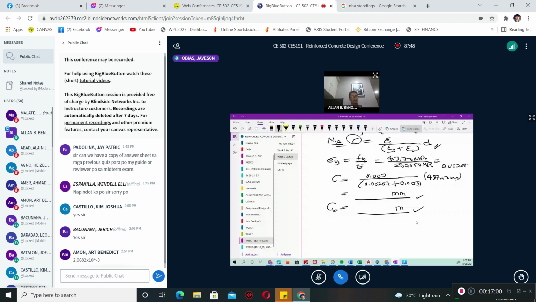Yung computation ko po, sir, gamit yung 603 over 600 plus Fy is equal to 288.6 po. Pag gamit po yung similar triangle, sir, magiging 288.54 po kasi yun. Yeah. Using this formulation natin, itong sa distribution, how much?